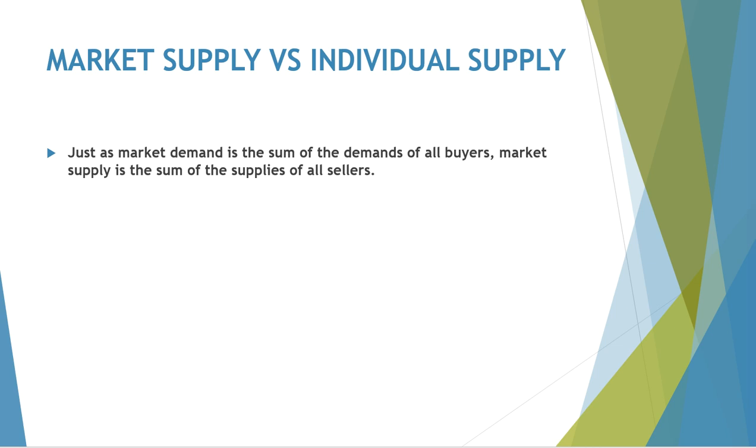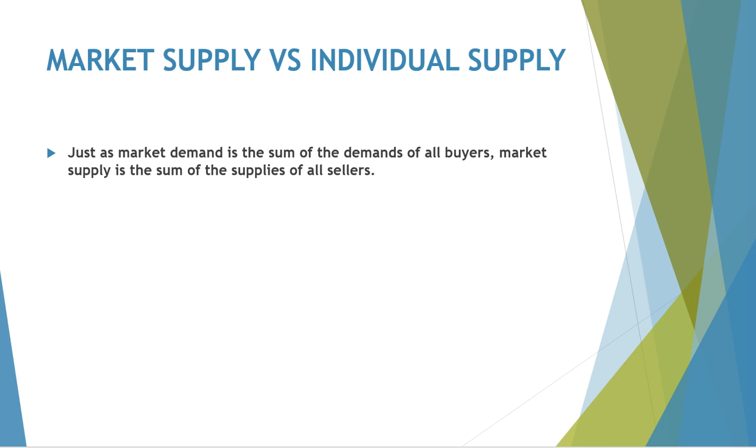So it is the same in market supply versus individual supply. Individual supply is derived by only one producer, whereas market supply is derived from multiple individual sellers who produce the same thing, combined into the market supply.